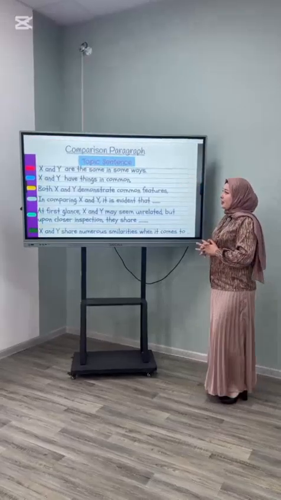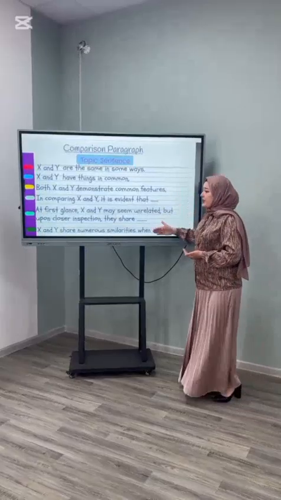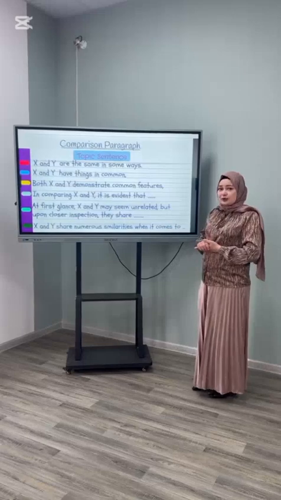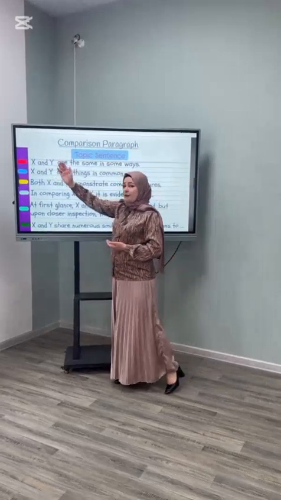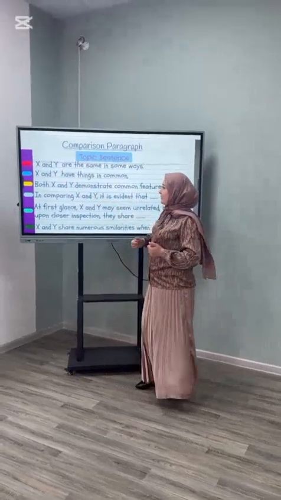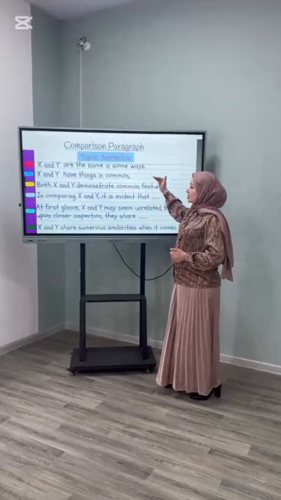Here is an example of how to provide a topic sentence. These examples can be used in your topic sentence to make it clearer to the reader. For example: x and y. X is the first object, y is the second object that we are comparing. X and y are the same in some ways. X and y have things in common.